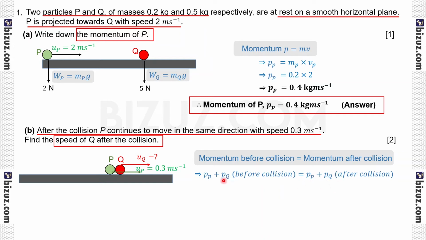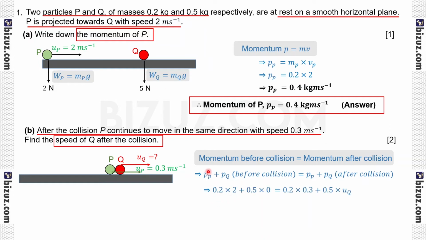Now we know that momentum is equal to mass into velocity. So before collision, the velocity of P was 2 meter per second and Q was not moving, it was at rest, therefore its speed was 0. So there was 0 momentum of Q before collision.